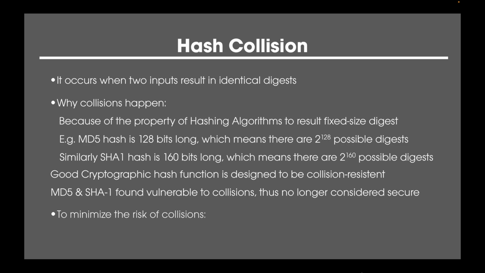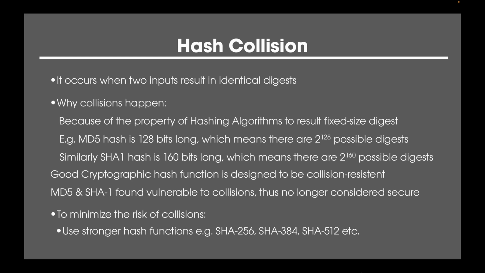To minimize the risk of collisions and improve security, more robust hash functions such as SHA-256, SHA-384, and SHA-512 are now widely used. These newer algorithms produce significantly larger digests.